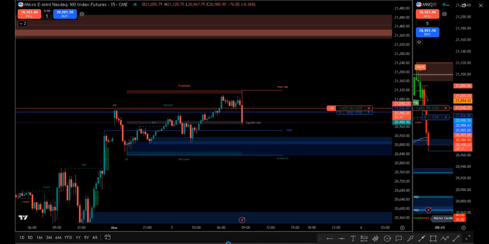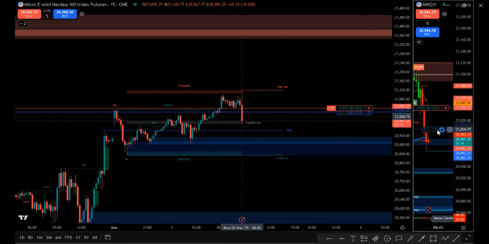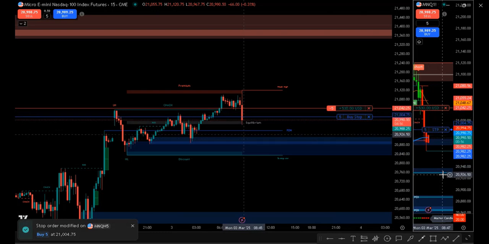I want to see a good strong push to the downside and also a close below the 200 EMA on the 1 minute time frame. Okay, we got the close. I'm going to move my stop loss further into profit.